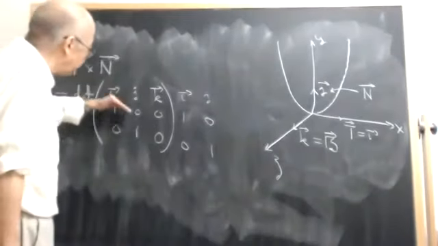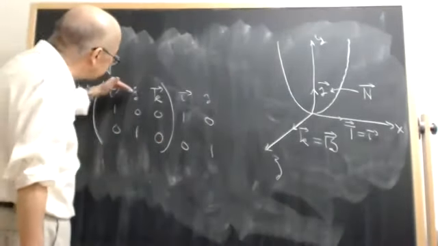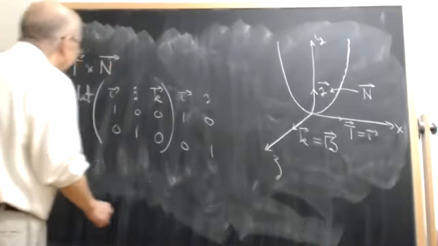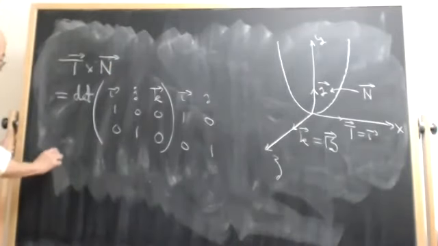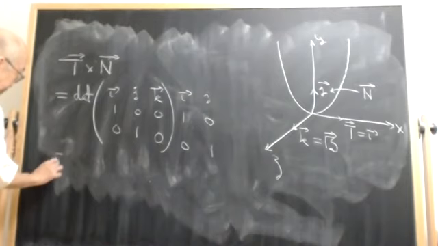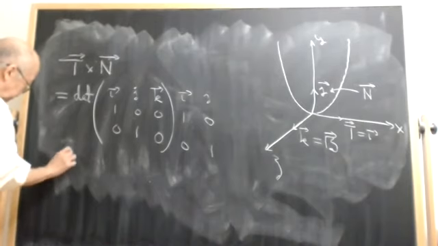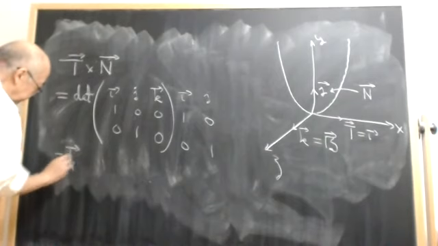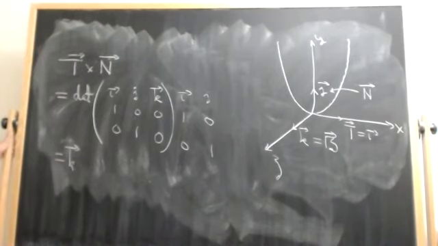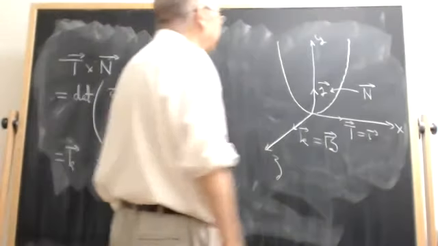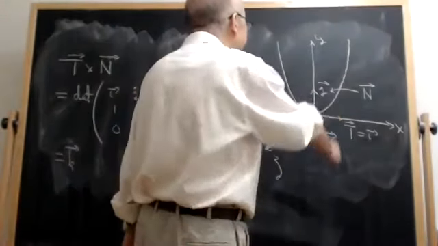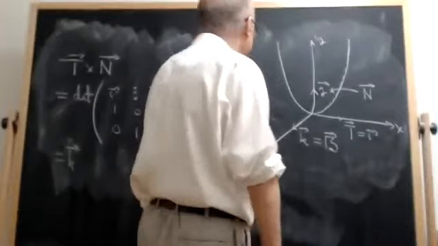So we have this. And then we multiply like this. So we have k. And that's it. Yeah, we have k. So the plane is the xy plane.